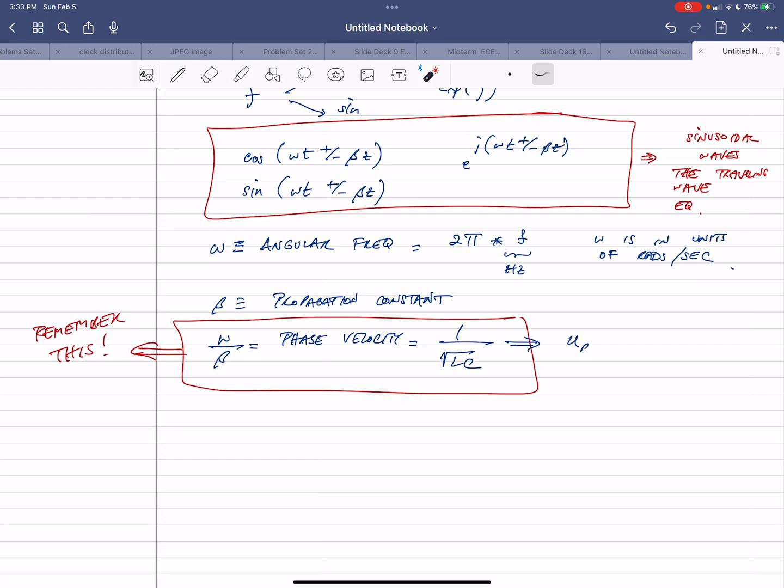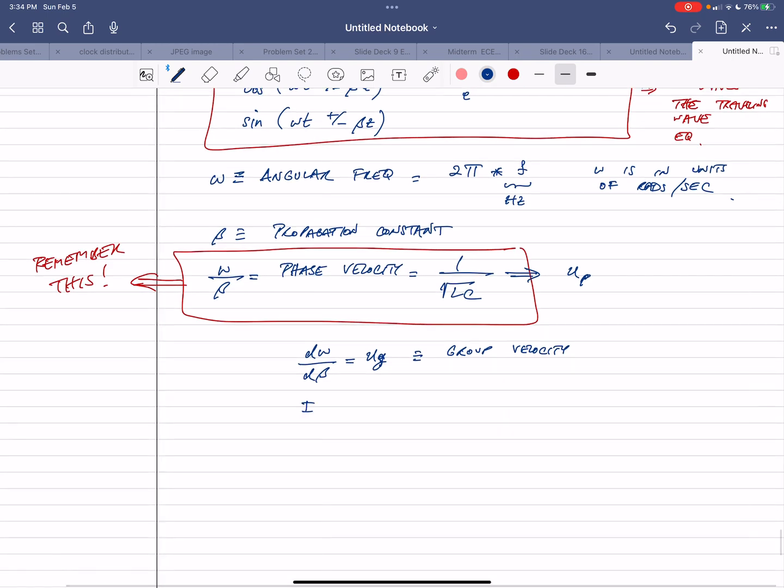And incidentally, the derivative of omega with respect to beta is called u sub g. So this is u sub p, this is u sub g. U sub p, u sub g. And this is called the group velocity.